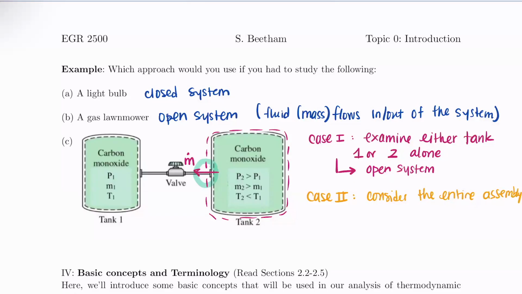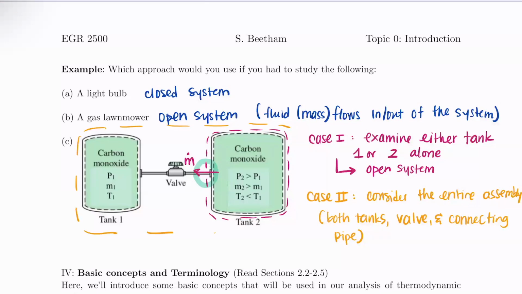So entire assembly, both tanks, valve, and connecting pipe. Then what about that? And let me draw. What kind of a system would that be?